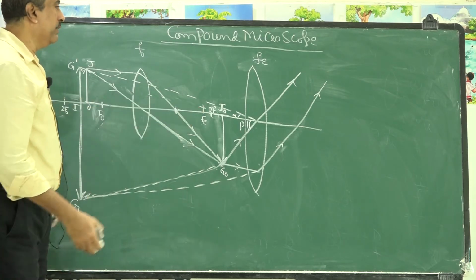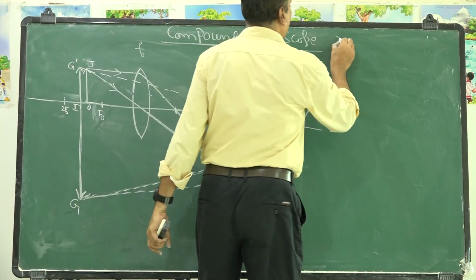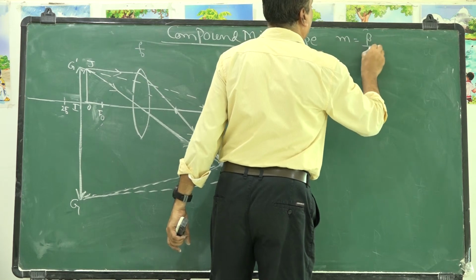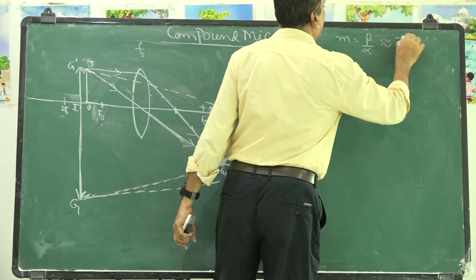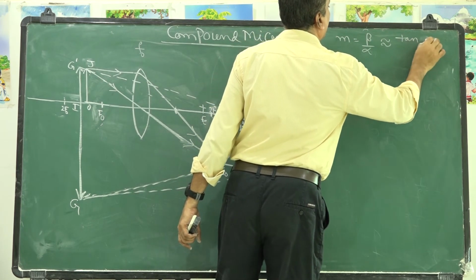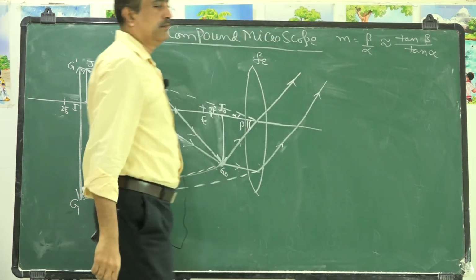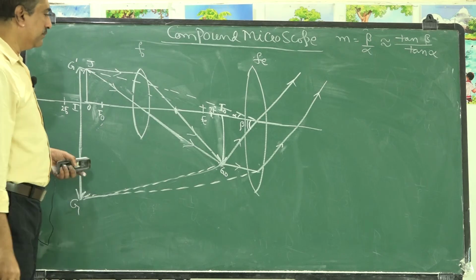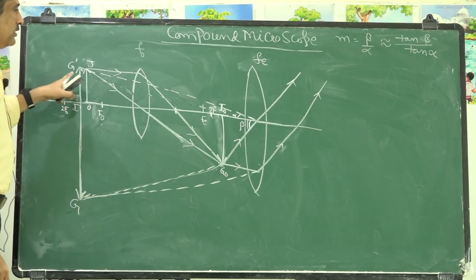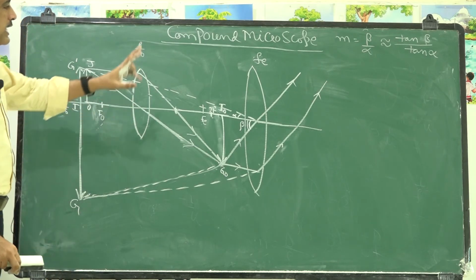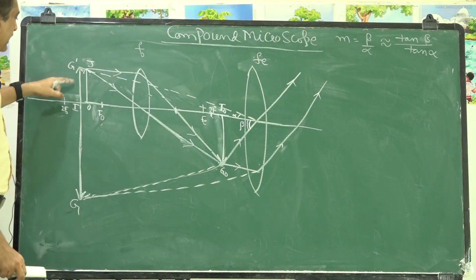Now the magnifying power given by m is equal to beta by alpha, and that is approximately equal to tan beta by tan alpha. Now we can calculate this tan alpha and tan beta from the triangles.